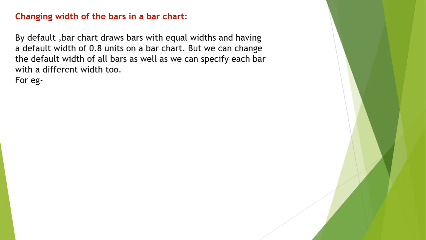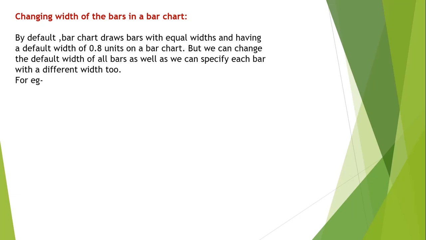This can be done with each individual bar also. Suppose for the first bar you want the width as 0.5, for the second bar 0.3, and respectively for all the bars, and the bar graph will be represented according to the respective widths.